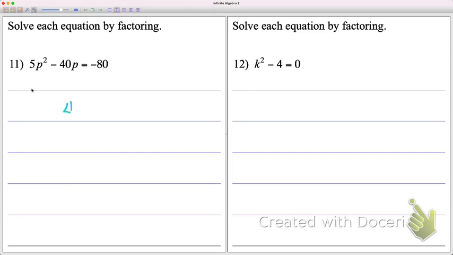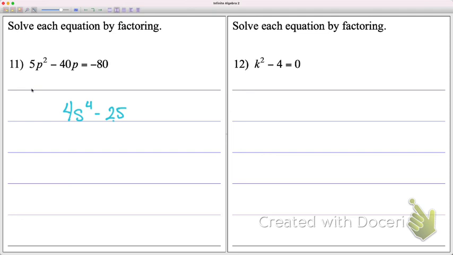Okay, so what about 4s to the 4th minus 25? Is 4 a perfect square? Yes. Is s to the 4th a perfect square? Yes. Is 25 a perfect square? Yes. And is it negative?